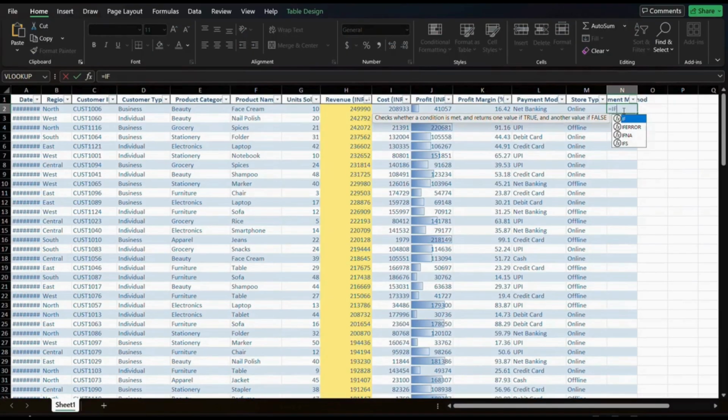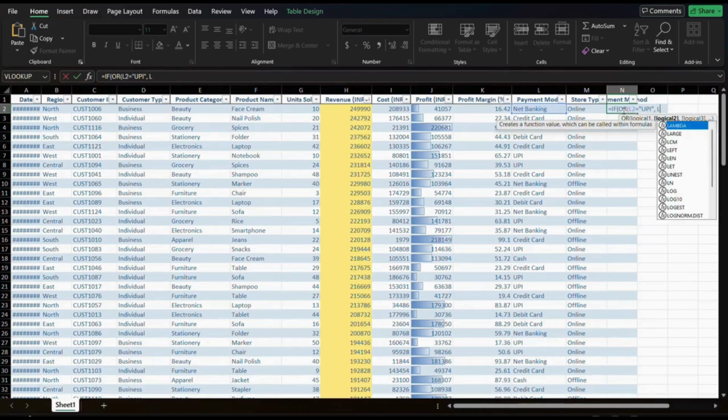Now, I am using an if formula along with the OR function to classify payment methods. Excel will automatically check each transaction and group it based on how the customer has paid.